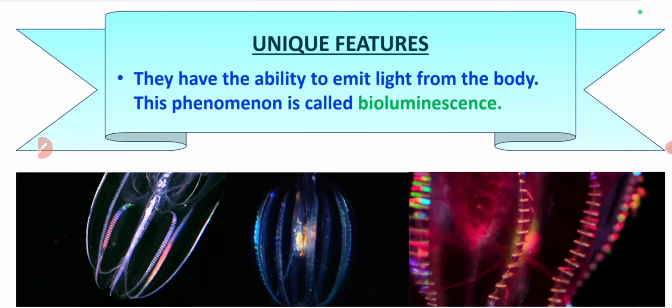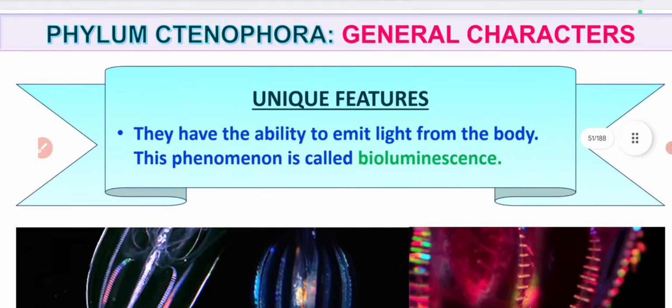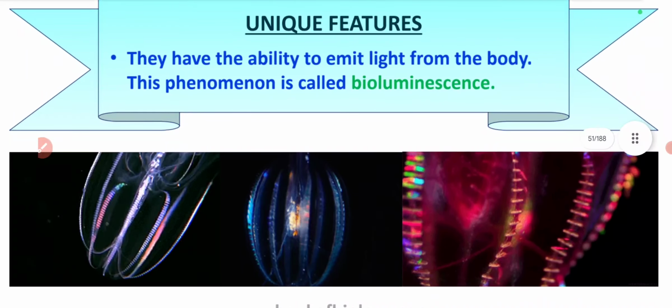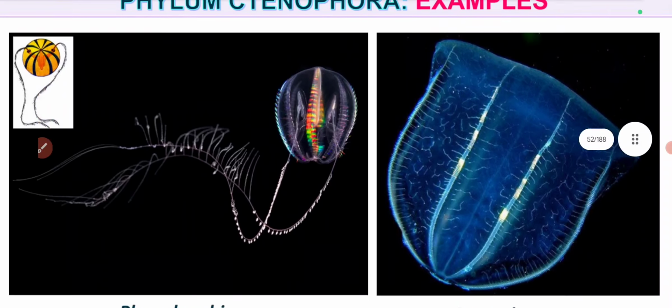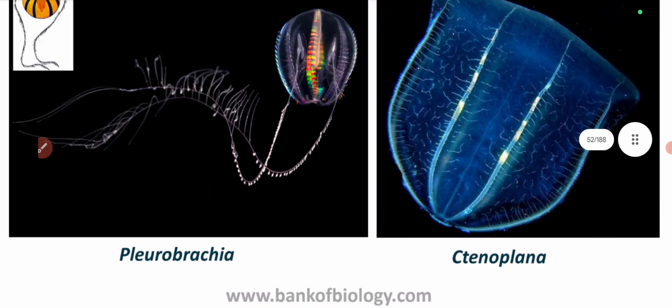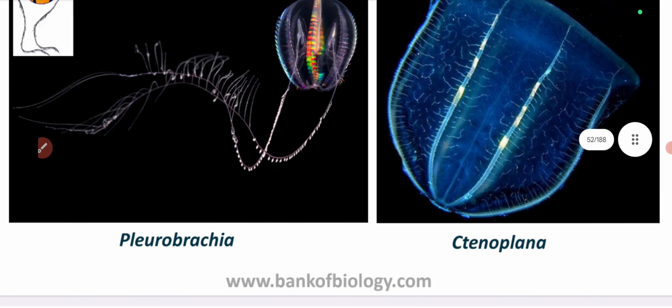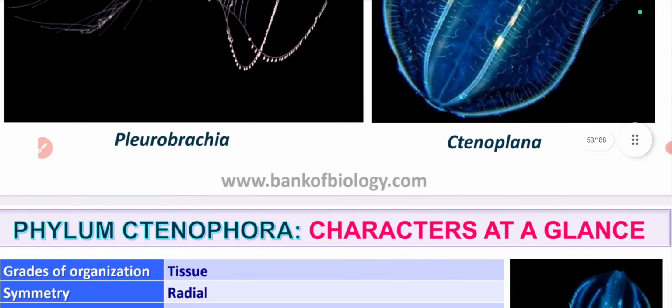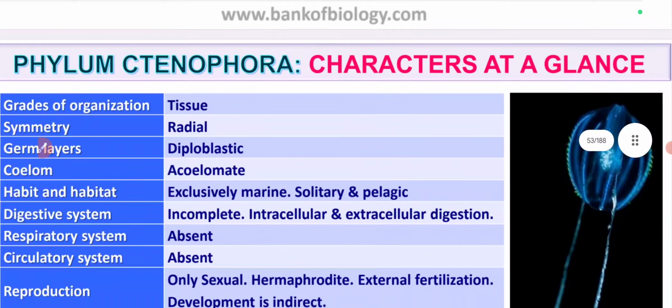This phenomenon is called bioluminescence, and it is found in the ctenophora. Examples are Pleurobrachia and Ctenoplana.